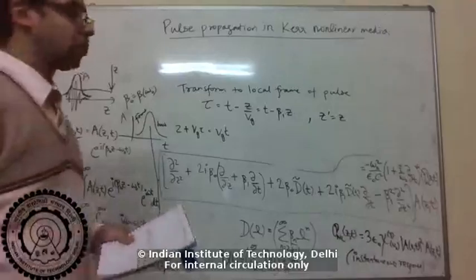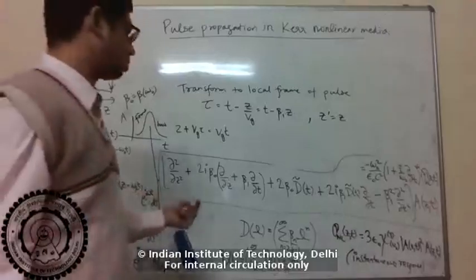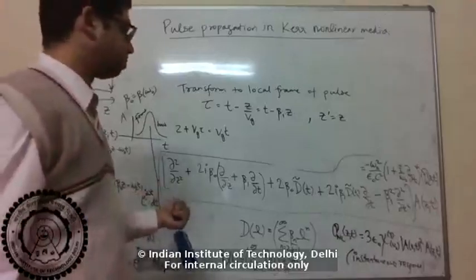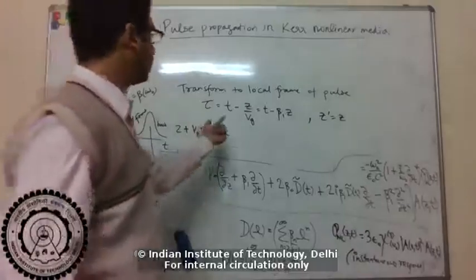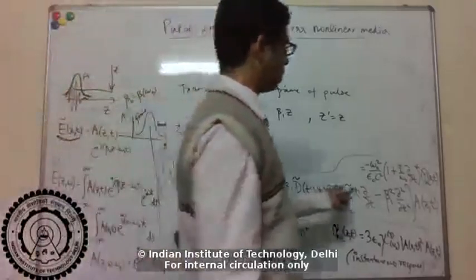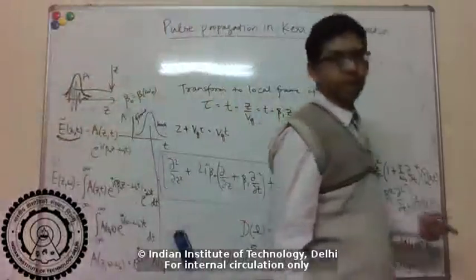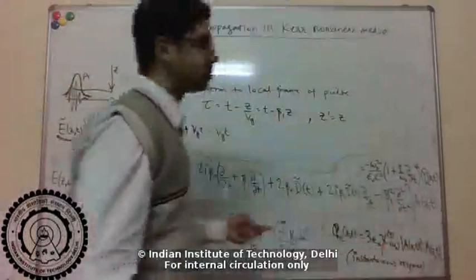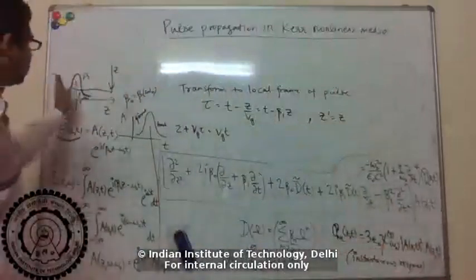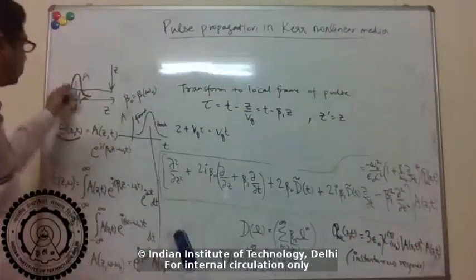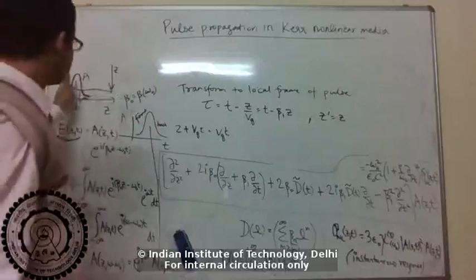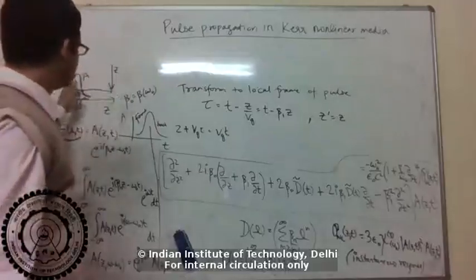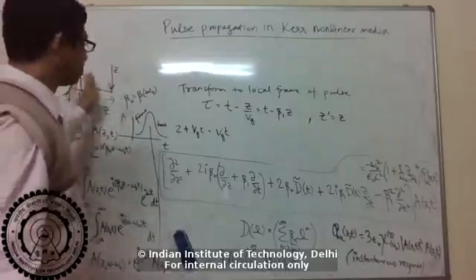So in a sense, what we want to do is go from two coupled variables. Here A is a function of Z and T, where actually Z and T are coupled, in the sense that this pulse is moving, so the Z coordinate updates as a function of time.